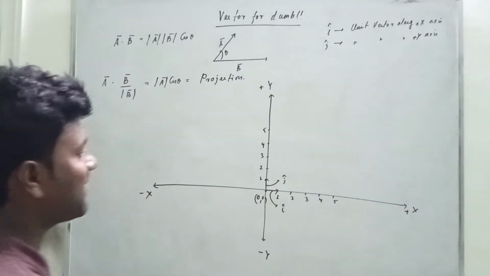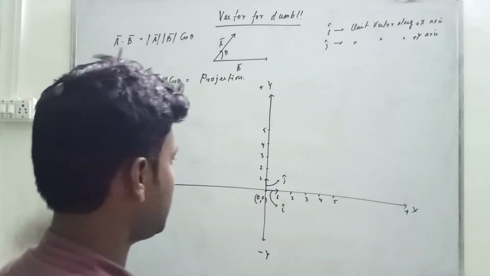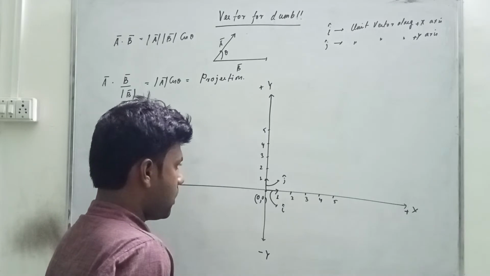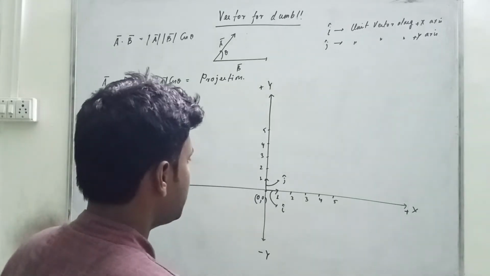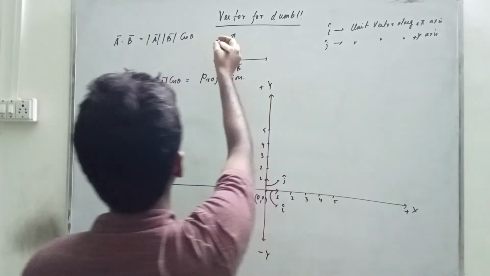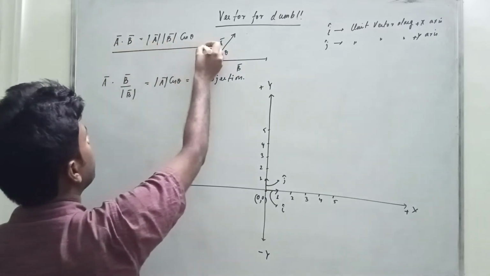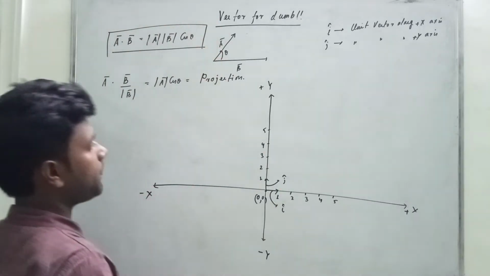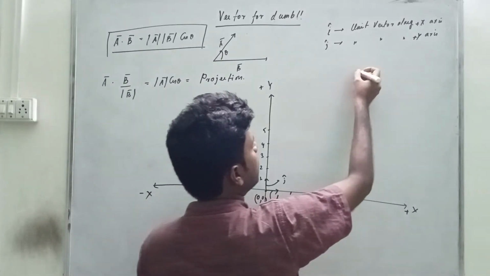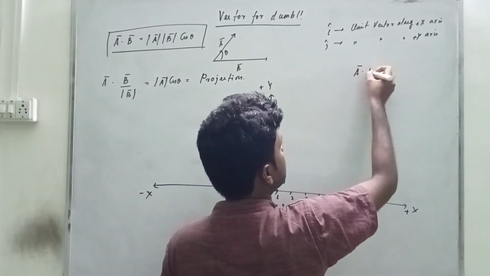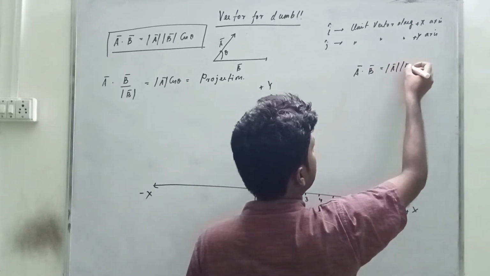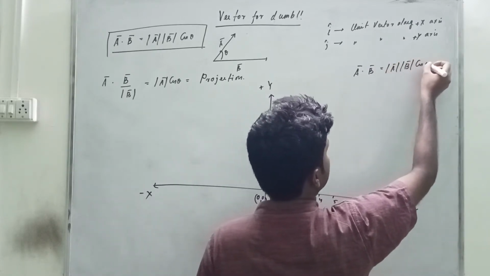If we recall our equation, a dot b, the dot product of vector a with b, that means magnitude of a into magnitude of b into cos theta.